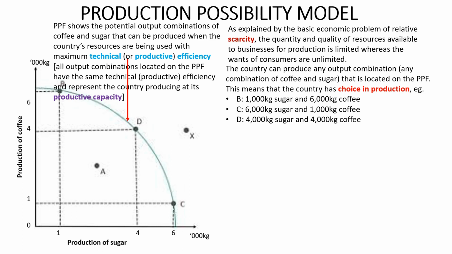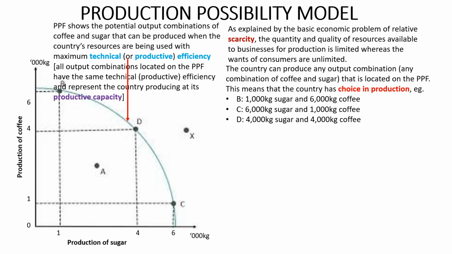It could choose to produce at point D, that is, it could choose to produce 4,000 kilograms of sugar and 4,000 kilograms of coffee, or it could choose to produce at any of the other points on the production possibility frontier. But having choice also means that the country must make economic decisions.